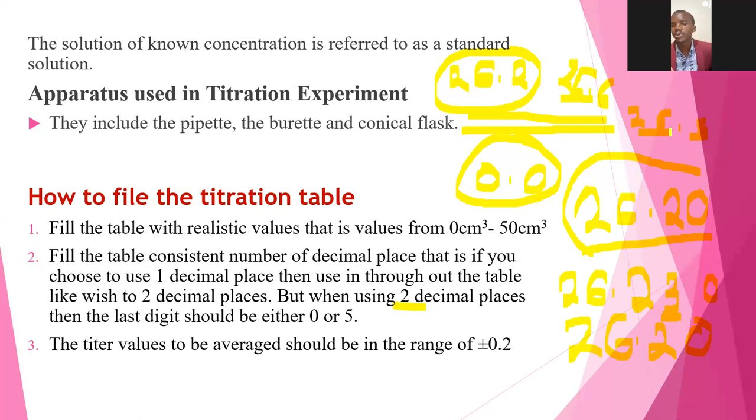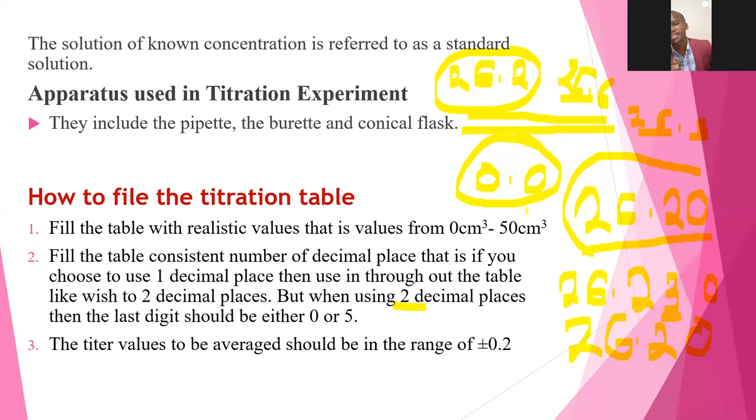But if the titre values you are averaging are within the range of positive or negative 0.2, then you will be given half a mark. So accuracy is much more important. Make sure you are very accurate when doing titration.